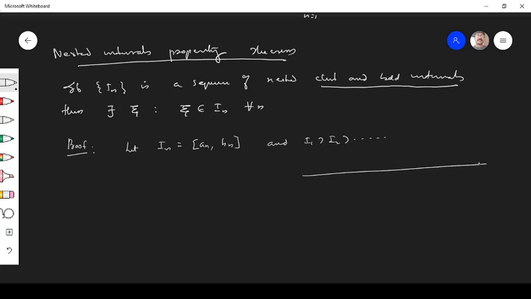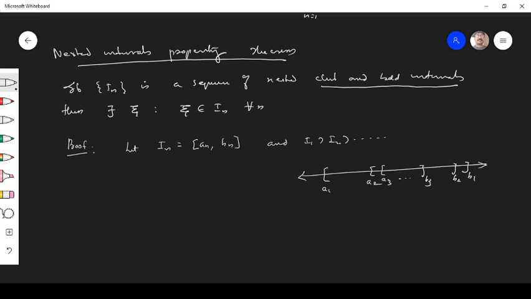So if you take a picture of these intervals, it looks like this. This is I1 with endpoints A1, B1. And this is A2, B2, because [A2, B2] is I2, contained in I1. Then A3, B3. Like that it goes.